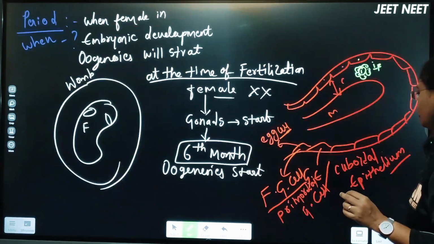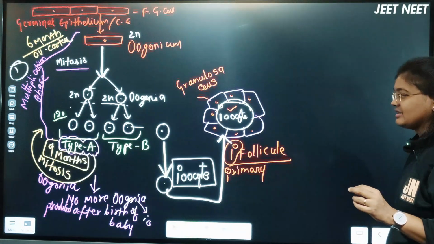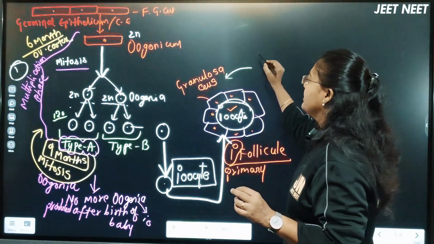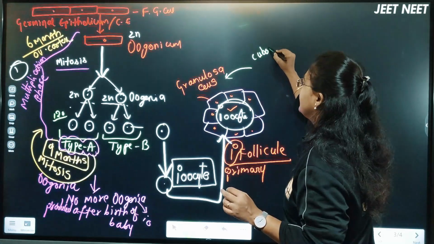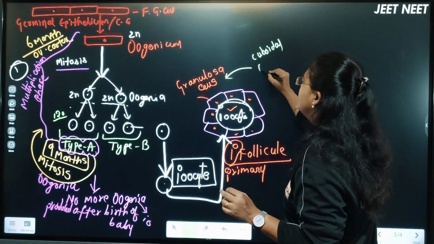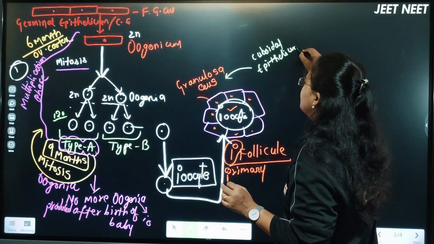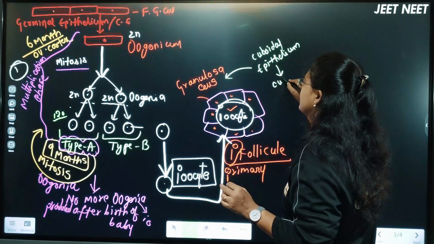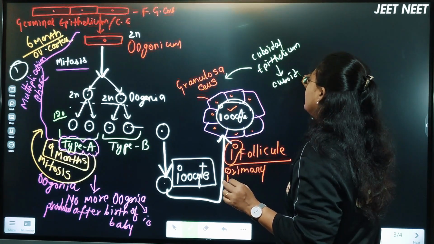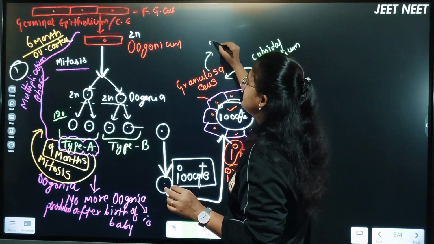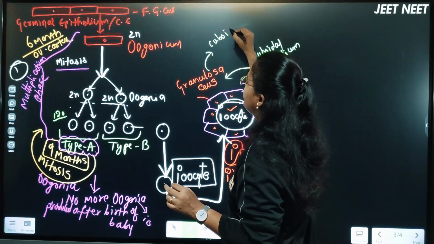So these granulosa cells are formed from which cells? Cuboidal epithelium, right? Cuboidal epithelium cells are cuboidal in shape, so the granulosa cells are also cuboidal.